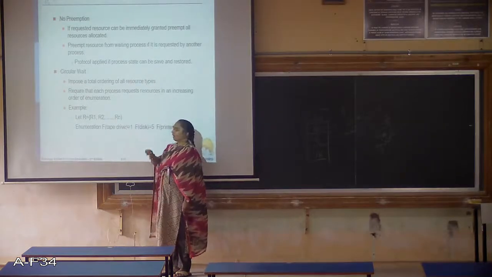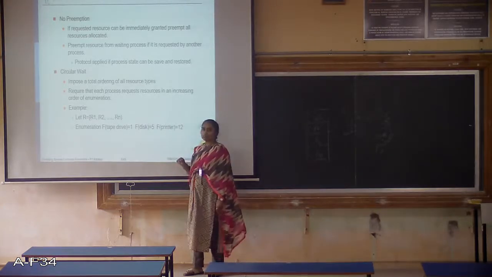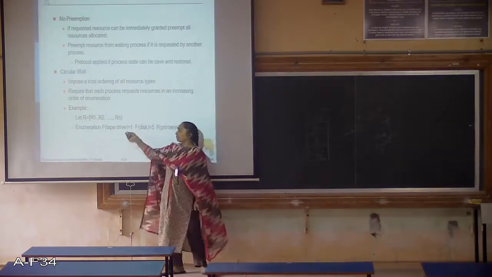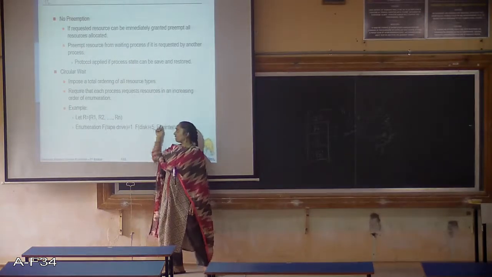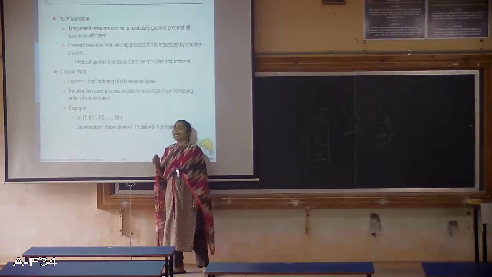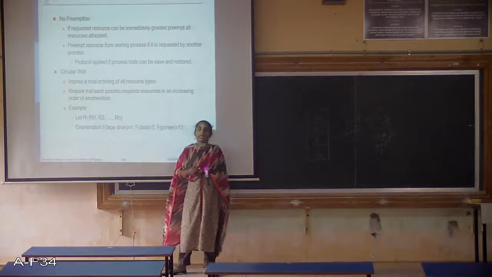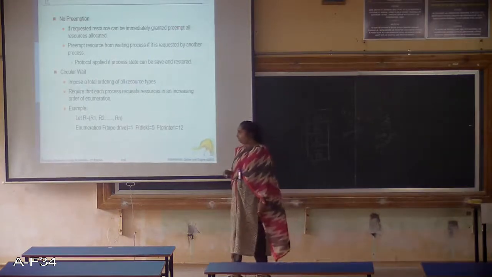So we will allocate the pen drive as enumeration 1, disk as 5 and printer as 12, and we will say that a process can only request resources of higher enumeration, not of lower enumeration. That is how we take care that it does not go into circular wait.